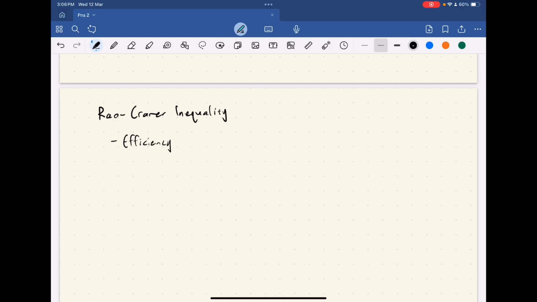And an estimator with an efficiency of say 50% means that it requires around 2 times as many sample observations to do as well in estimation as can be done with the minimum variance unbiased estimator, which has a 100% efficiency rate.